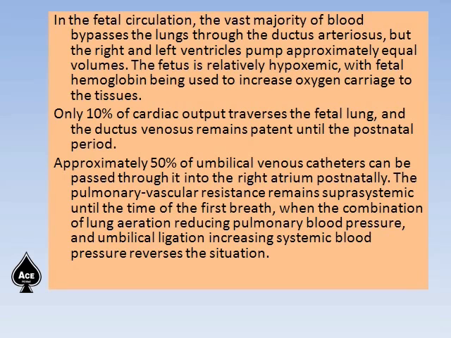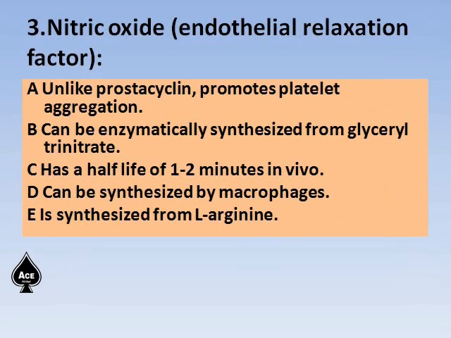Approximately 50% of the time an umbilical venous catheter can be passed through into the right atrium postnatally. The pulmonary vascular resistance remains suprasystemic until the time of the first breath, and the combination of lung aeration reducing pulmonary blood pressure and umbilical ligation increasing systemic blood pressure reverses the situation.